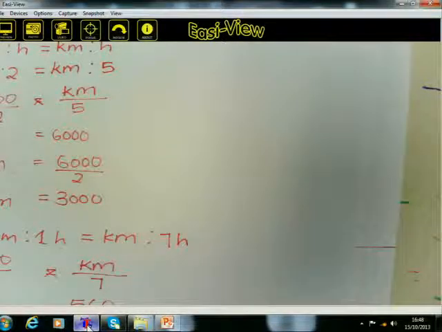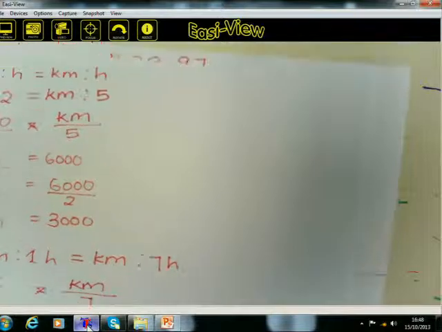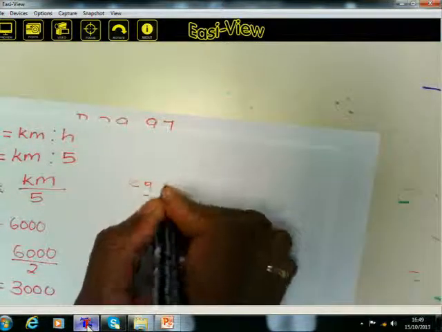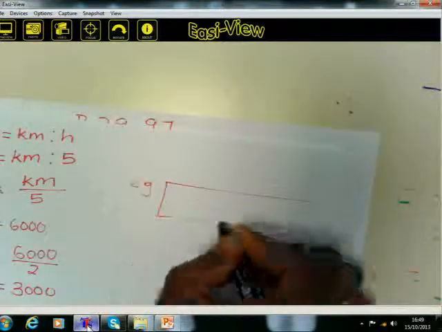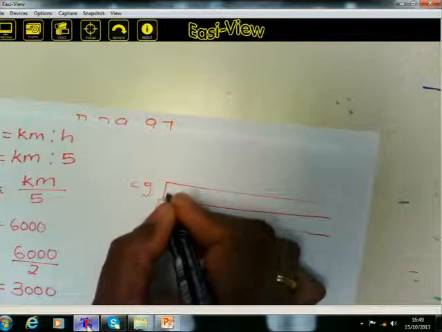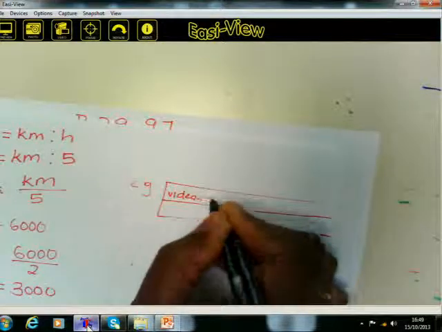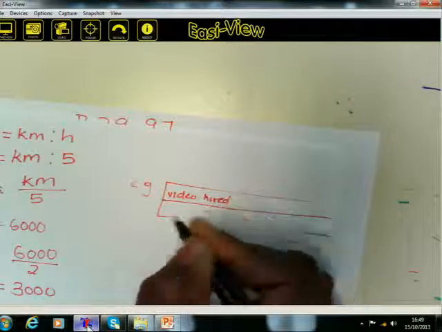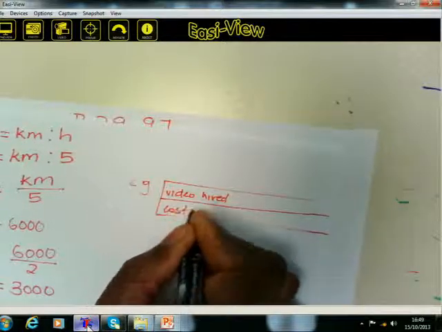So now I'm just going to draw a table here just to show you. If you're given a table, how will you see that this is a direct proportion? You have video tapes, video hired, and then you have the cost there.